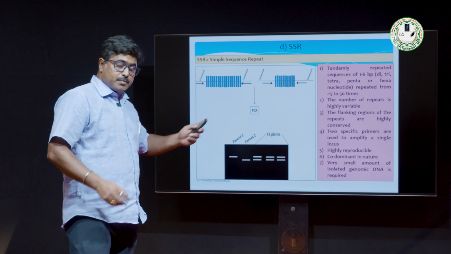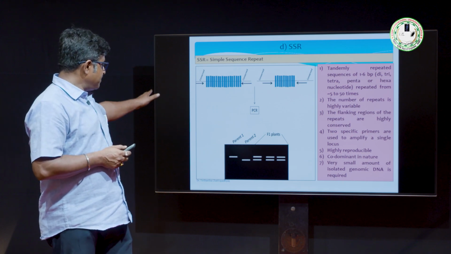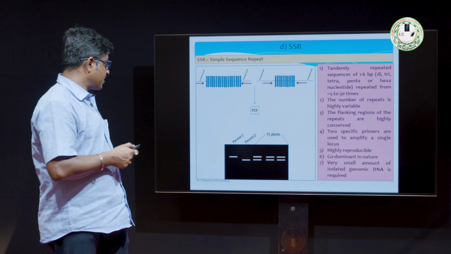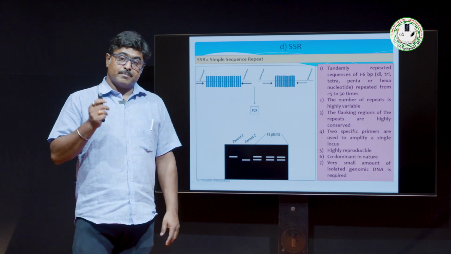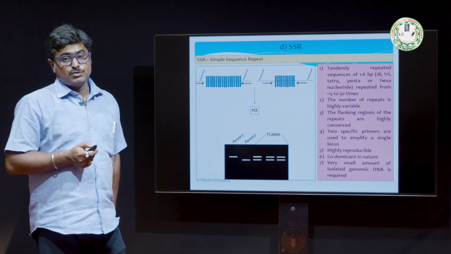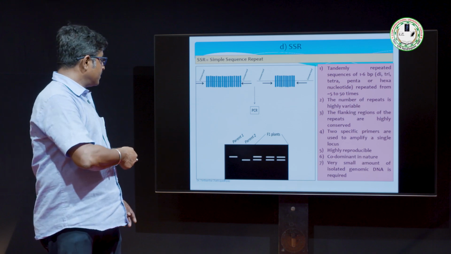So the presence of both bands proves the heterozygosity of the plants, and parent 1 and parent 2 are producing only a single band. So it's a perfect codominant marker. A very small amount of isolated genomic DNA is needed, but here you need to know the genomic information, because to design the two specific primers you need to know the sequence of the conserved region.